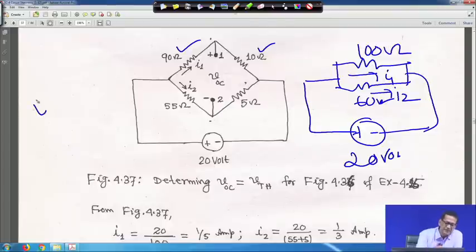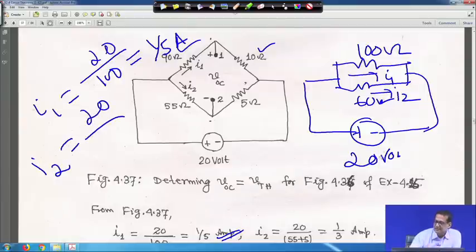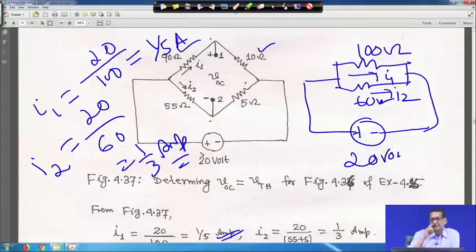Therefore, I1 is equal to 20 volt divided by 100, so it becomes 1 by 5 ampere. Similarly, I2 is equal to 20 volt, because it is a parallel circuit, divided by 60, so that is 1 by 3 ampere.